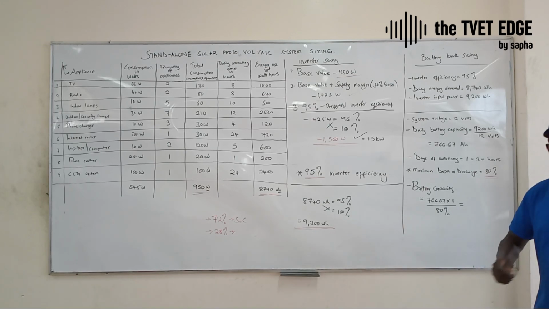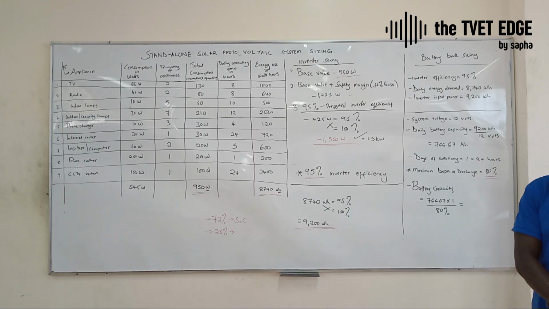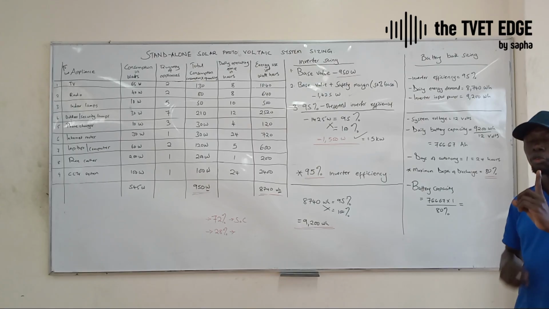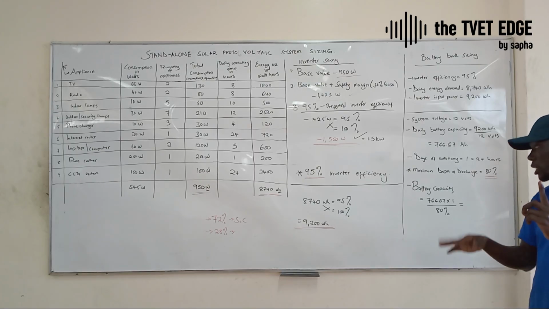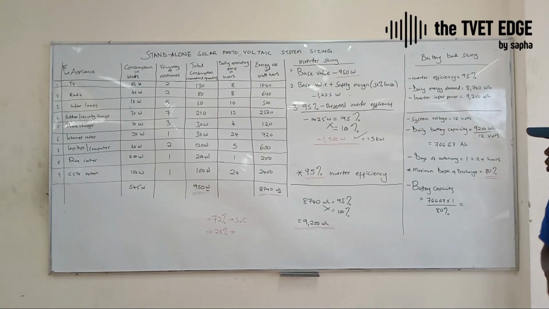So how do we know the daily battery capacity that we need for a single day? Remember we are sizing our system for 1 day. If we want to size it for 2 days, 3 days, 4 days, I'll show you where you change your values. The number of days is a variable, so I'll show you where you change it.